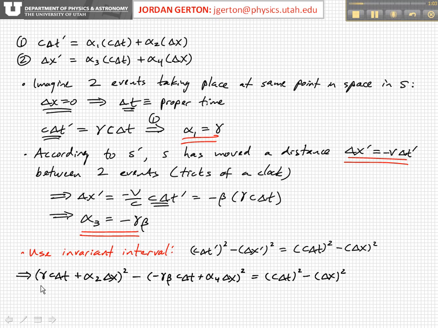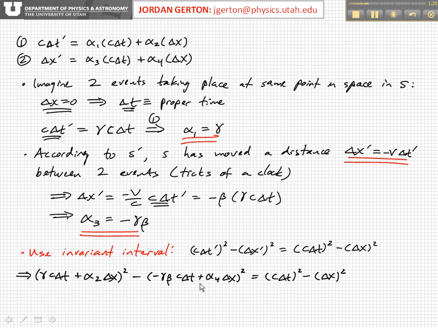Okay, here it is. Here again, this is the expression for c delta t prime using the fact that we know alpha 1 is equal to gamma, and here's the expression for delta x prime.